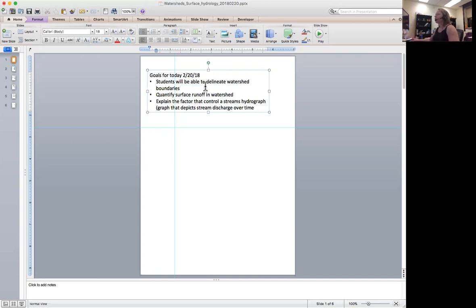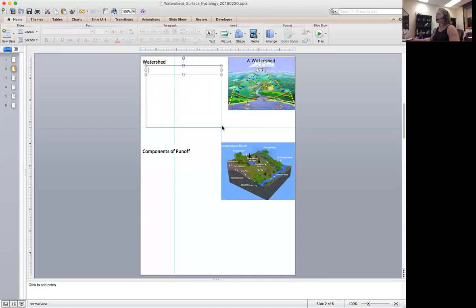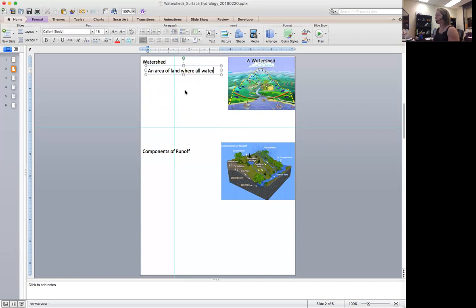So let's first go ahead and start to define what a watershed is. So a watershed is an area of land where all water drains to a low spot.